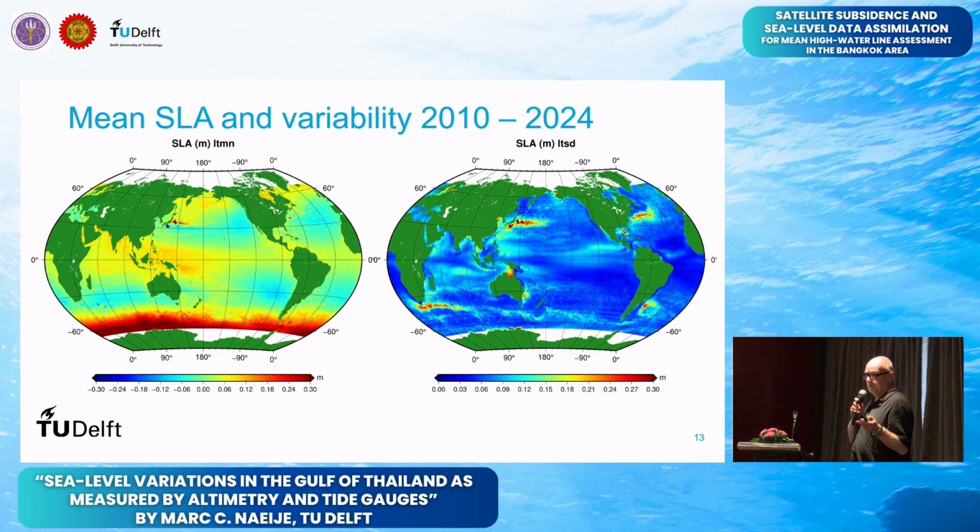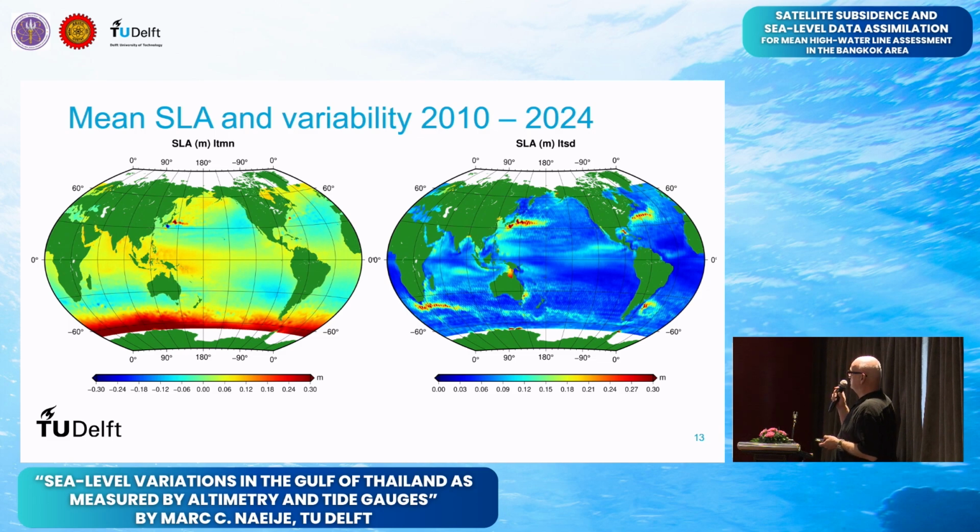So what can you do more with the data? I already showed that, but now this is from the actual Cryosat data over this period. On the left, we have what we call the mean SLA. SLA stands for sea level anomaly. So this is the anomaly with respect to a mean sea surface model.